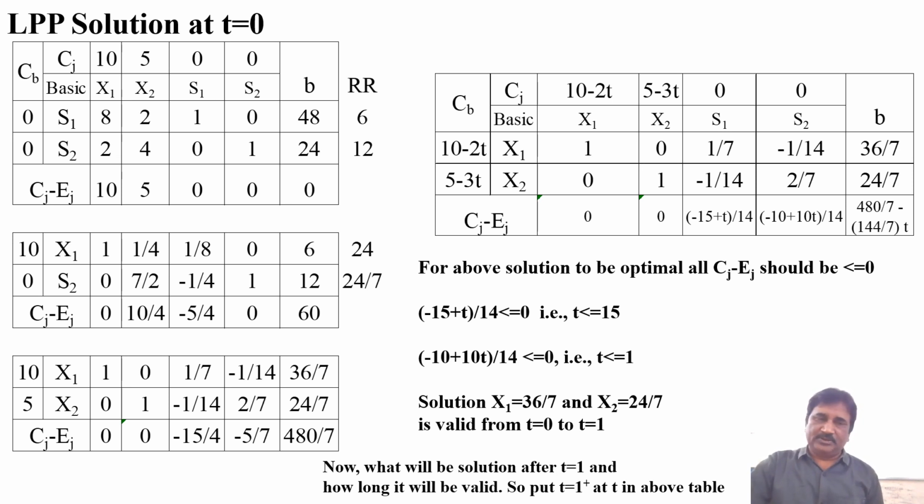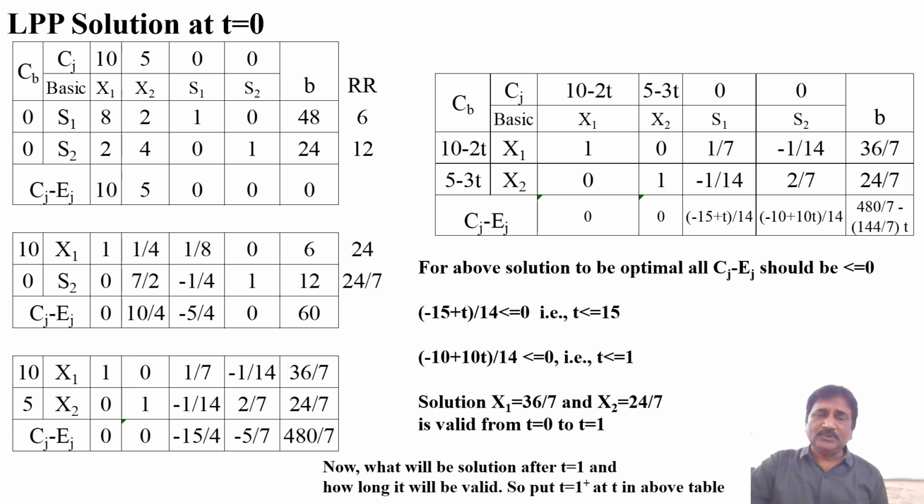This is optimal because all Cj minus Zj's are less than or equal to 0, and the optimal value of z comes out to be 480 by 7. So I could get the solution to the simplex method by taking t equal to 0.